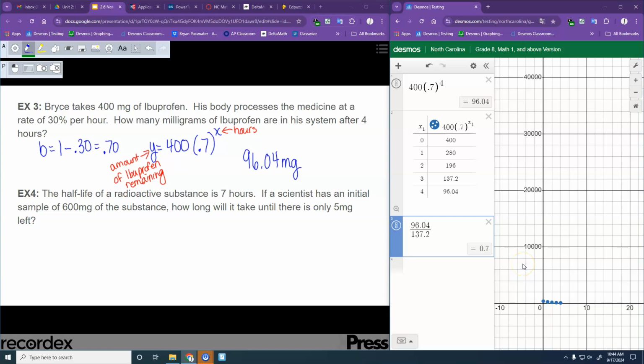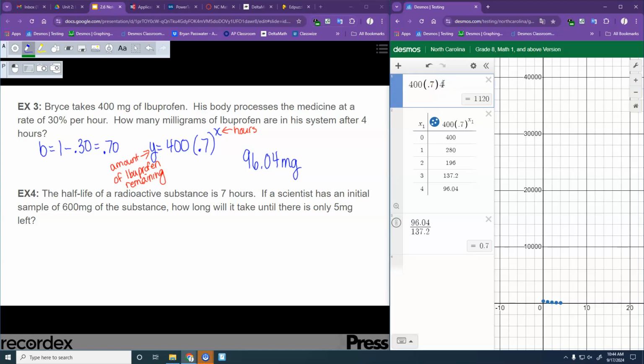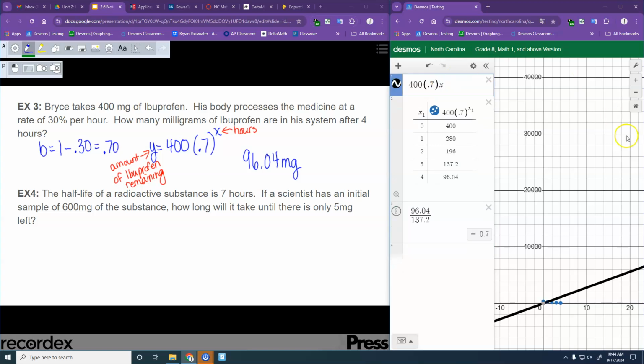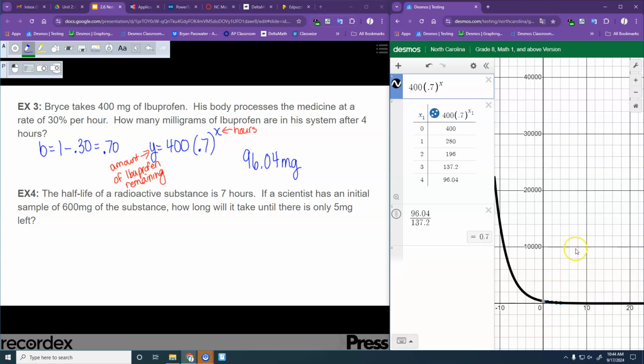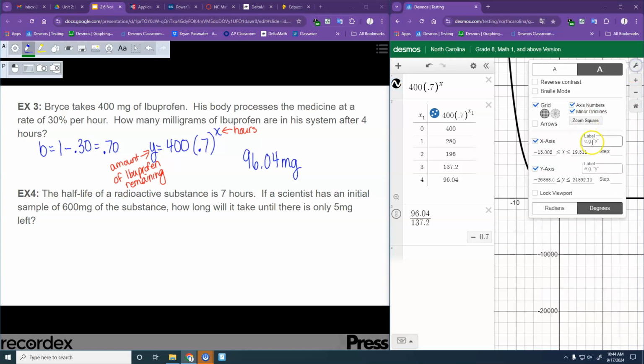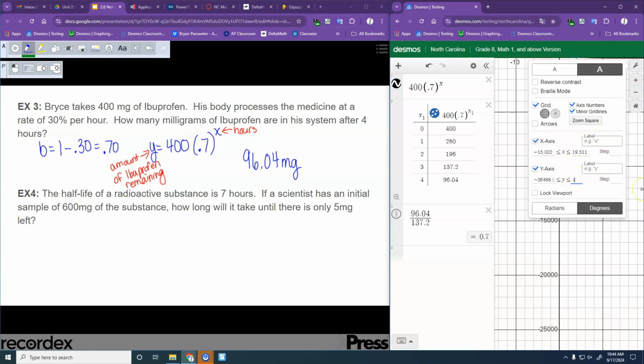Yeah. This is also how, if you were to ingest an illegal drug, because if we look at our graph right here, if I graph it, and let's see, we need to go back down here, let's go 400.